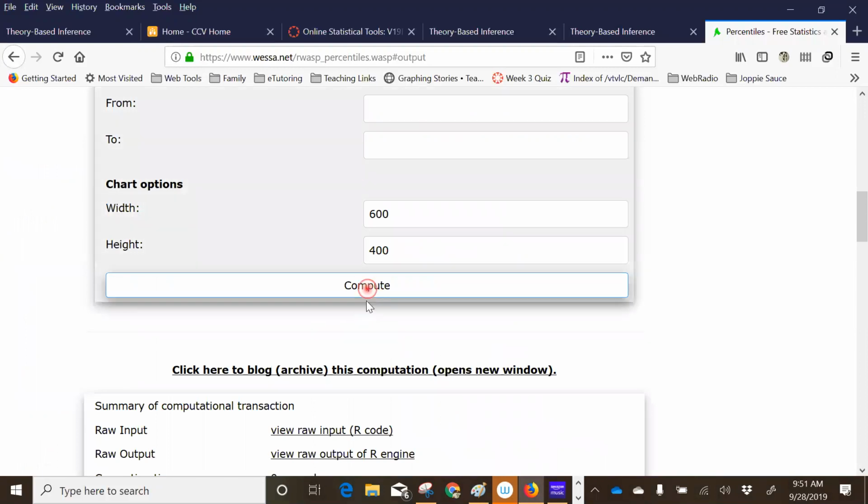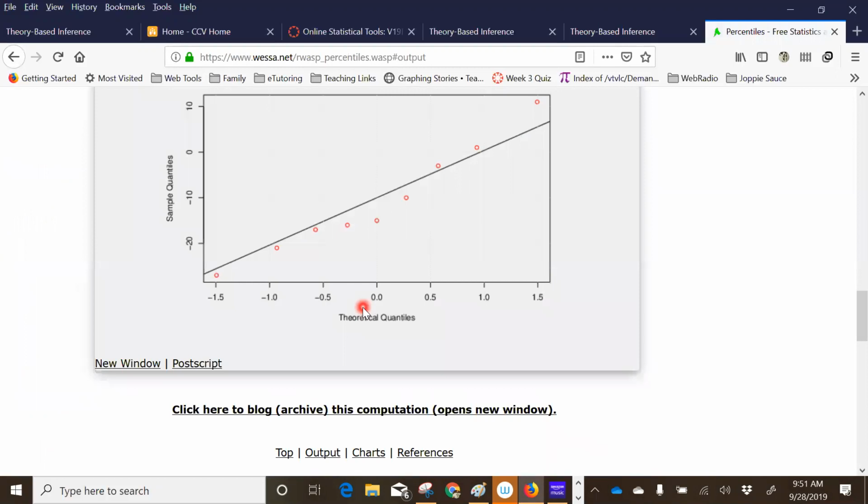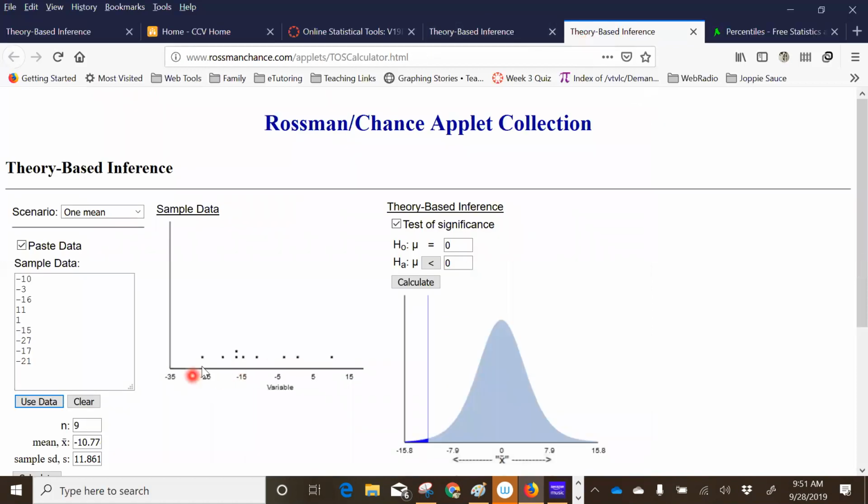I'm going to compute. And there's some non-normal behavior, but not ridiculously bad, but certainly I've looked at worse. If you think about that dot plot that I saw, that's kind of uniform, really, kind of spread out. So I guess we're safe to use this procedure on it.